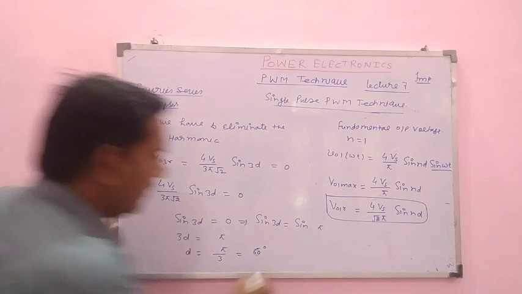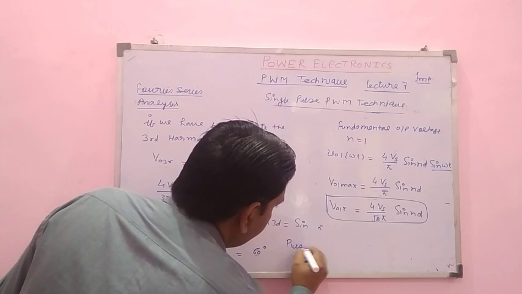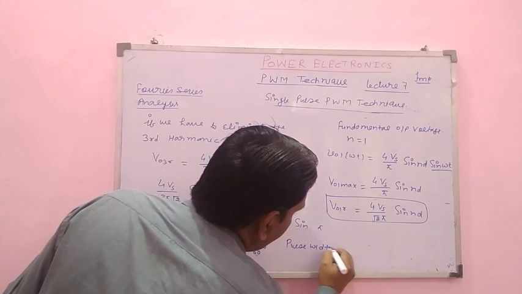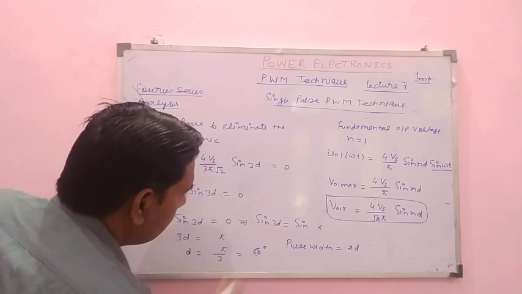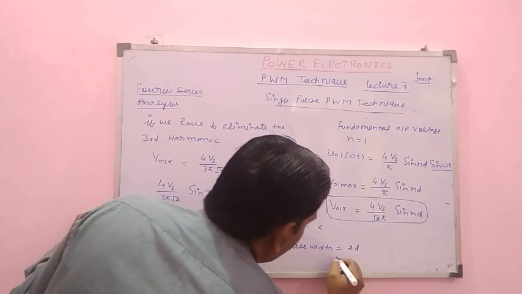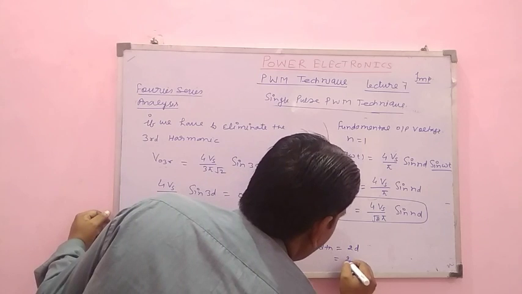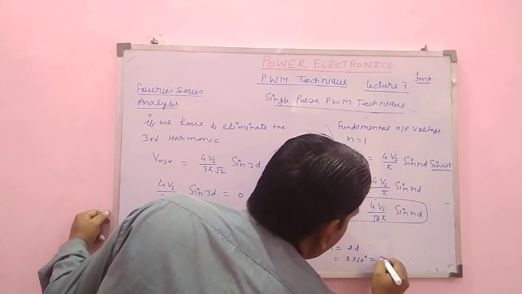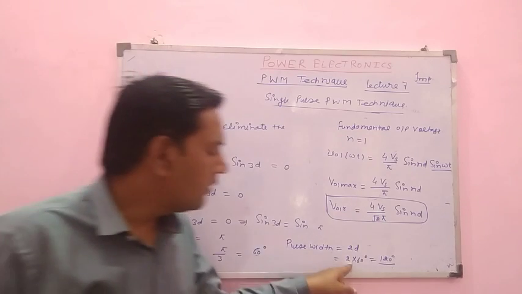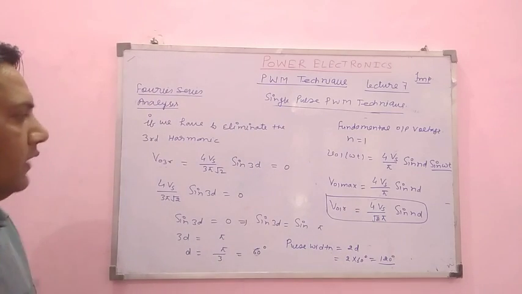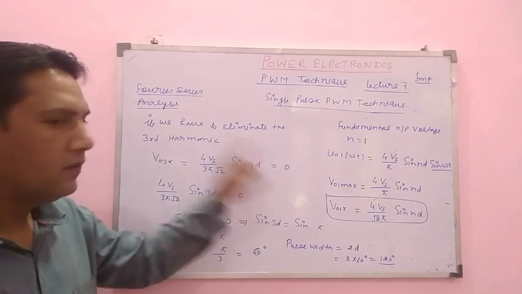So the pulse width is how much? It is equal to 2d. So d is equal to 60 degree, and the total pulse width required will be 2 into 60 degree, which is 120 degree. It means if we apply a total pulse width of 120 degree, then we can eliminate the third harmonic.